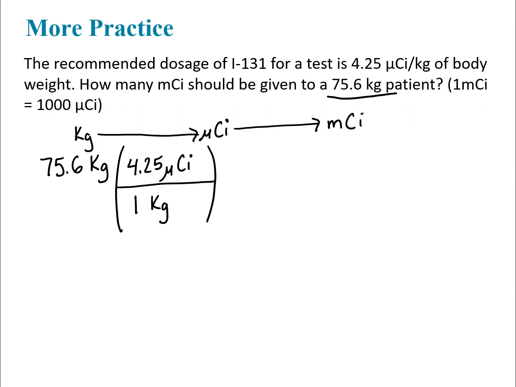Then we convert microcuries to millicuries. And that's using the equality that we were given, 1 millicurie equals 1,000 microcuries. And we write a conversion factor. Microcuries go on the bottom to cancel out, which would leave millicuries.